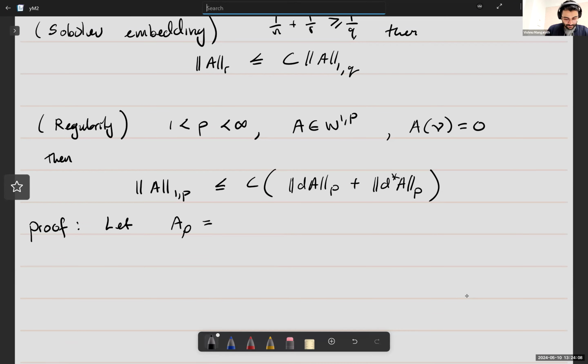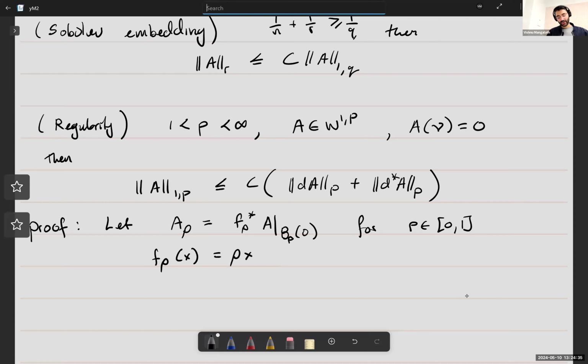I'm going to call A_rho the pullback under the map f_rho of A restricted to a ball of radius rho around the origin, for rho in (0,1]. This map f_rho of x is just going to be rho x. So we're restricting to a smaller ball, then scaling up, and then pulling back the restricted connection.